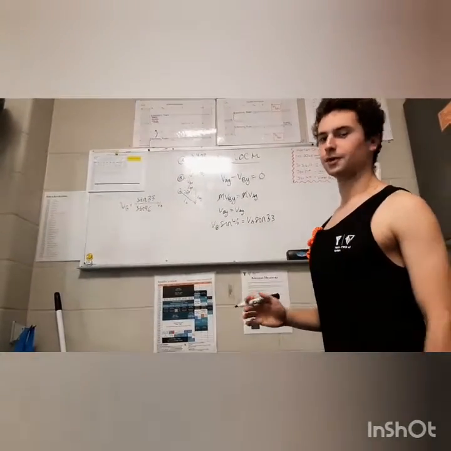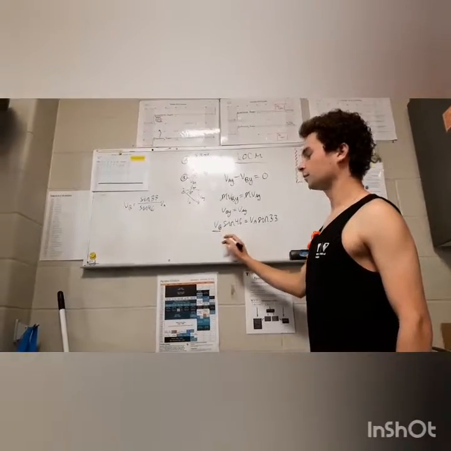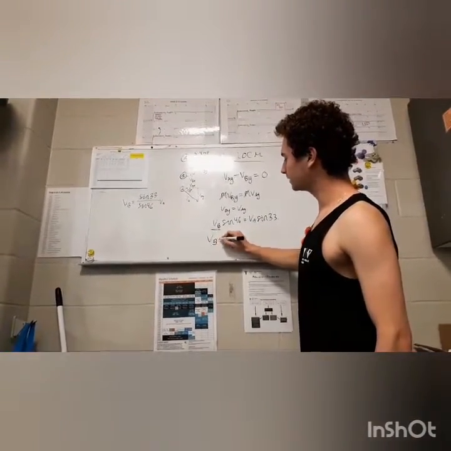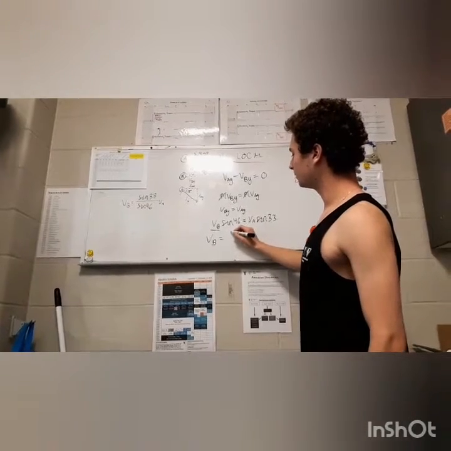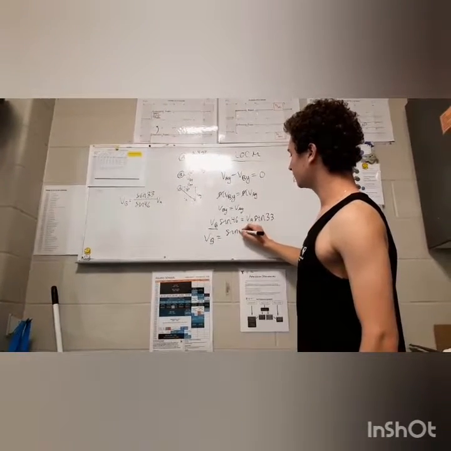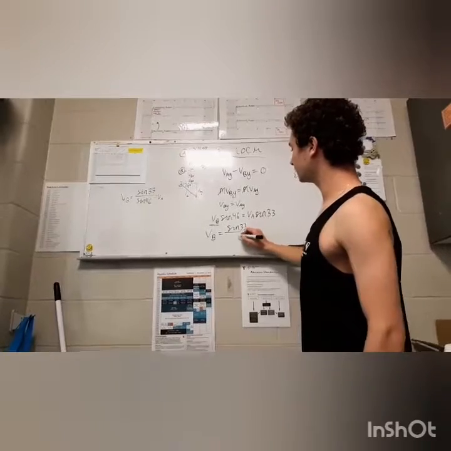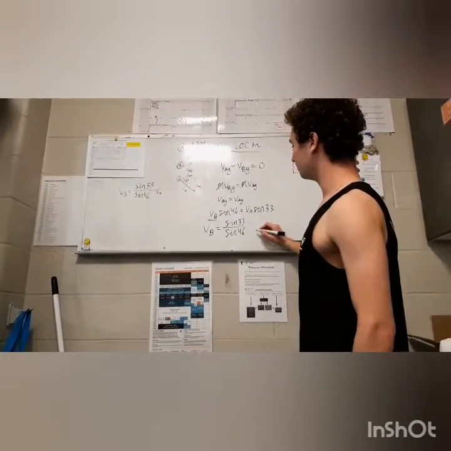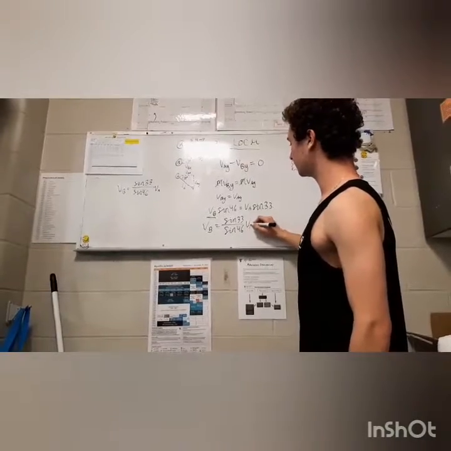And now we want to rearrange to isolate for one of our variables. We'll choose our B velocity in this case. So we'll divide by sine 46, and we will get an equation for our B velocity.